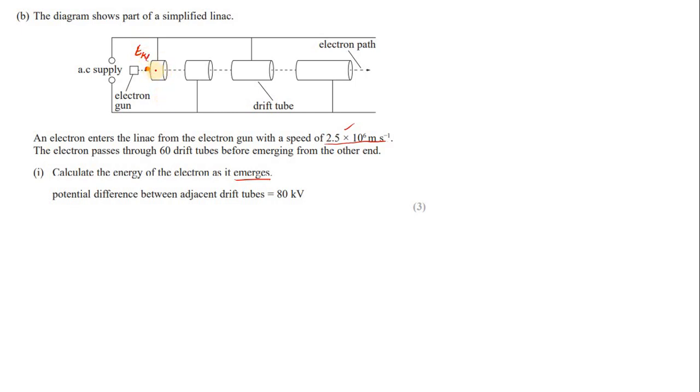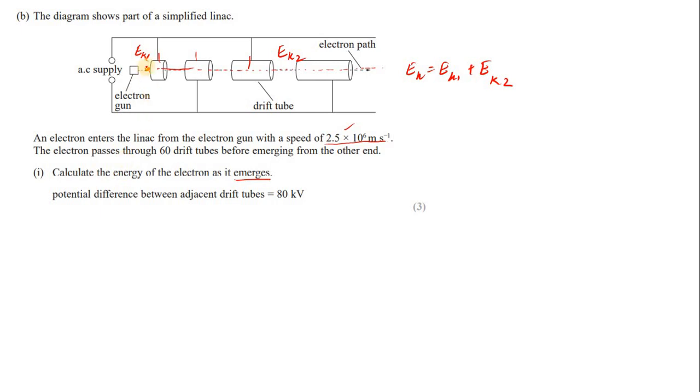Then when the electron enters the first drift tube, potential differences are applied, and the electron keeps gaining energy until it comes out from the last tube. So the electron is gaining additional energy within the tubes, EK2. So the total energy will be EK1 plus EK2. We need to find these two energies and add them together to find the final energy coming out.